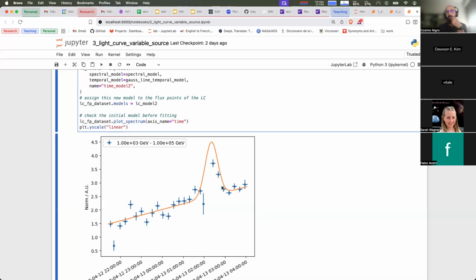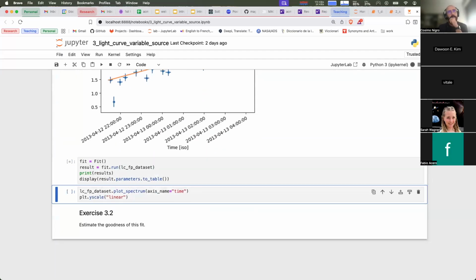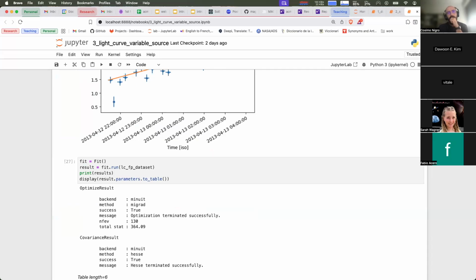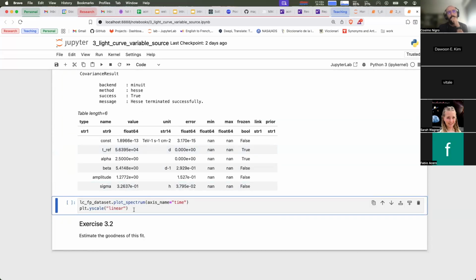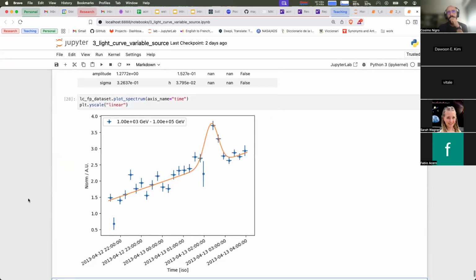So this is the initial model. Now let it fit. Okay, it worked. And let's examine the result. Yeah. Okay, so we got some model that more or less describes our data.